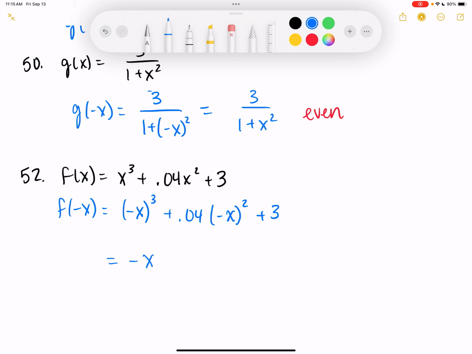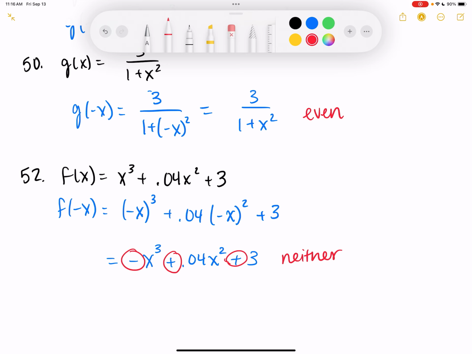Negative x cubed. What about when I square negative x? You get x squared, positive, so plus 0.04 x squared and then plus 3. So notice on this one, this sign is different from the first one, but this sign here stayed the same, and this one stayed the same. So this is neither. So it's not even or odd.